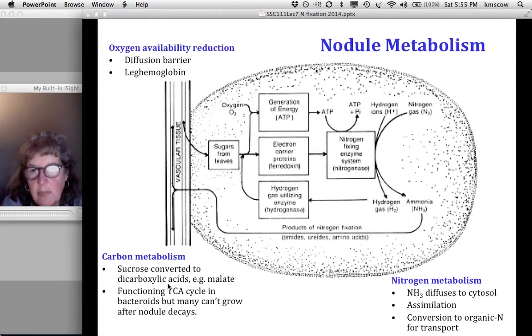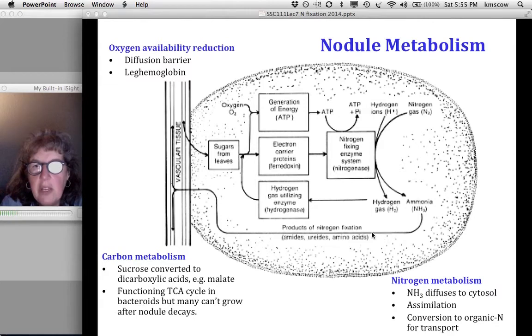Those bacteroids, for the most part, cannot go and live free after they go into this situation. All right, then those electron carriers, with those electrons that we showed in the original reaction, and that ATP being consumed, are going to drive this nitrogenase reaction, where we looked at the components in the previous slide, where then that nitrogen gas is going to be converted to ammonia.